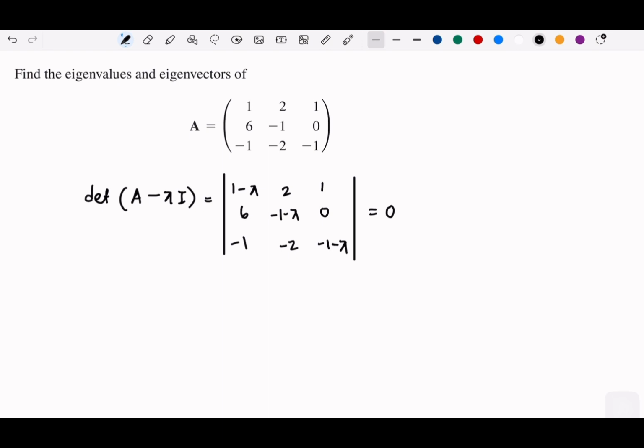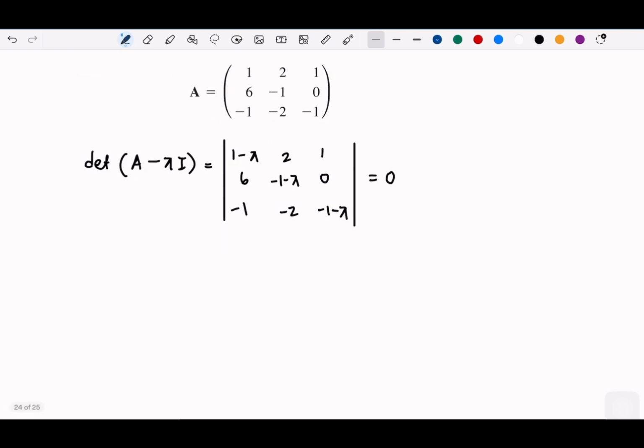Of course, if we have 3 by 3, we are expecting to have at least 3 factors, right? 3 roots from the polynomial. Now we can compute this by expanding along a row. Let's take the second row, because I see a 0.